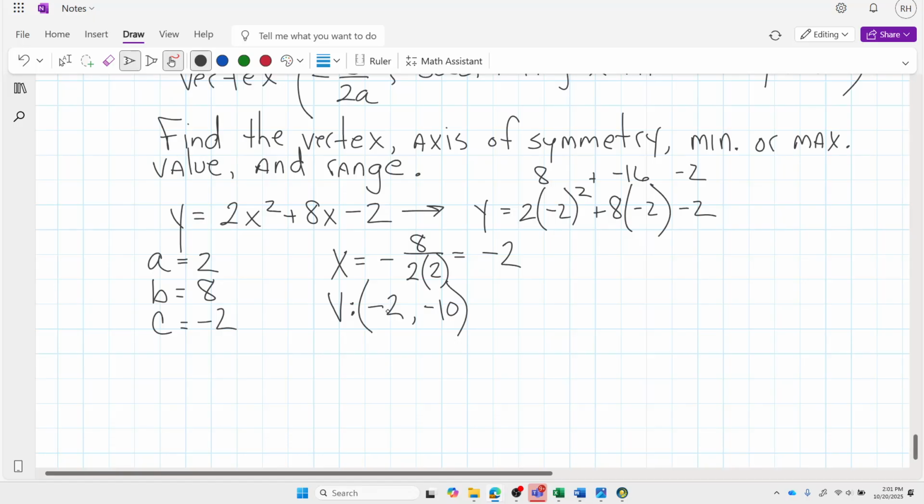So we found x at the vertex by evaluating the opposite of b divided by 2a, which was the negative 2. We substituted the negative 2 back into the original equation to find our y at the vertex, which was negative 10. So our vertex is at negative 2, negative 10.